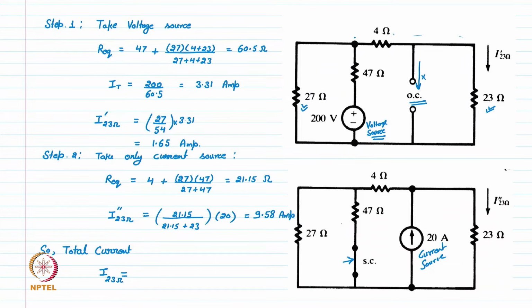I in 23 ohm will be equal to 1.65 plus 9.58. That comes out to 11.23 amp. So this is how we solve a superposition theorem based question.